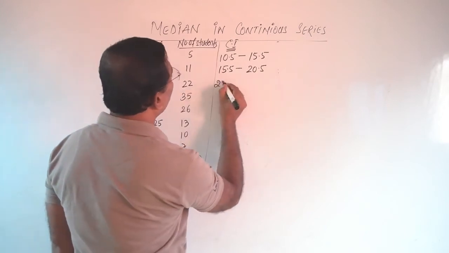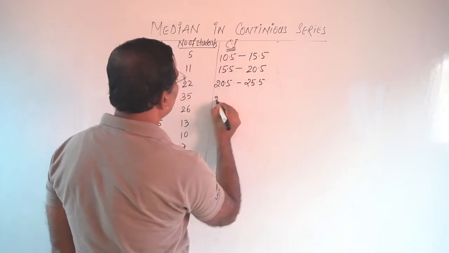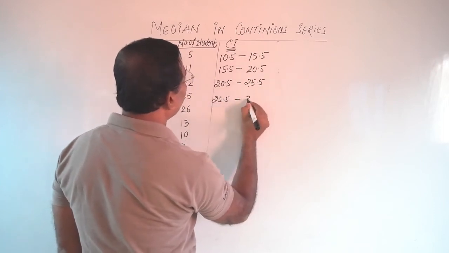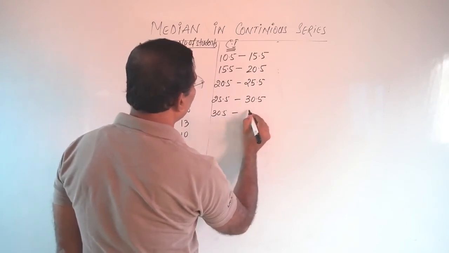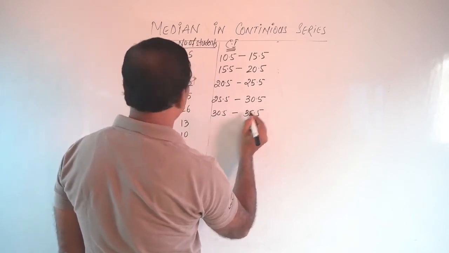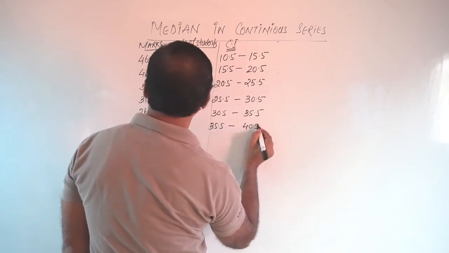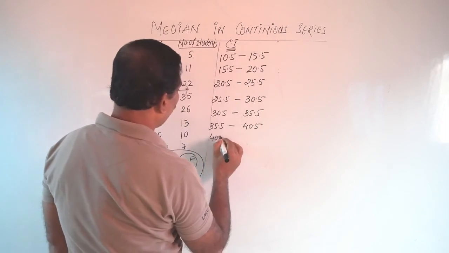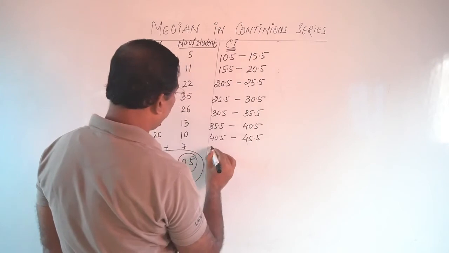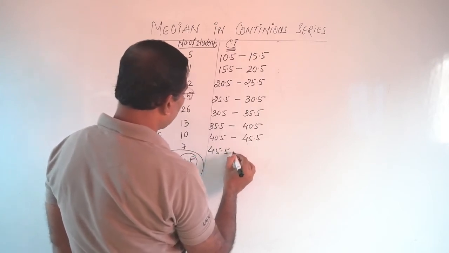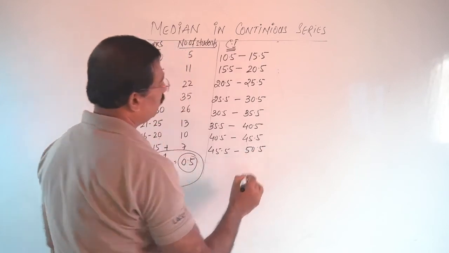So here will be 20.5 to 25.5. Then 25.5 to 30.5. 30.5 to 35.5. 35.5 to 40.5. 40.5 to 45.5, and the last will be 45.5 to 50.5.